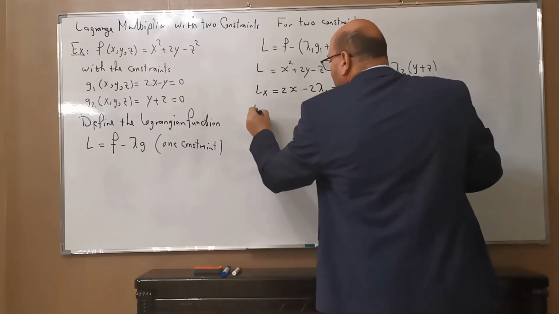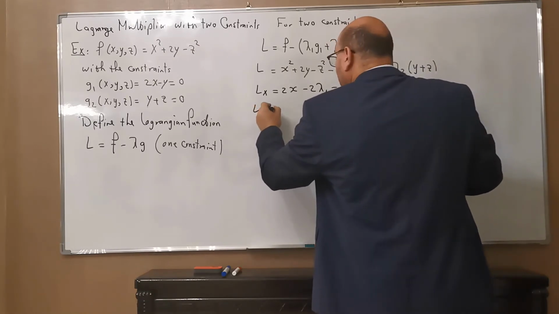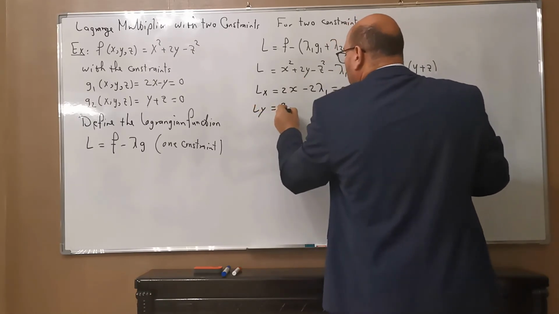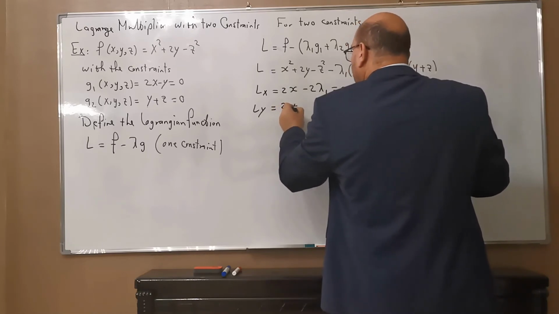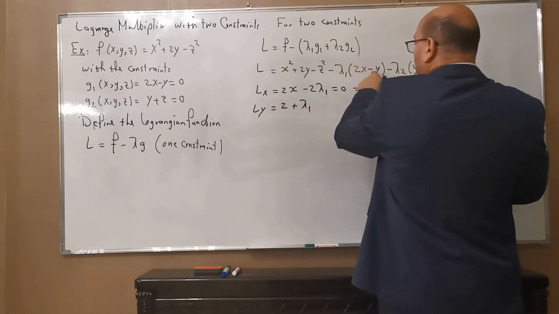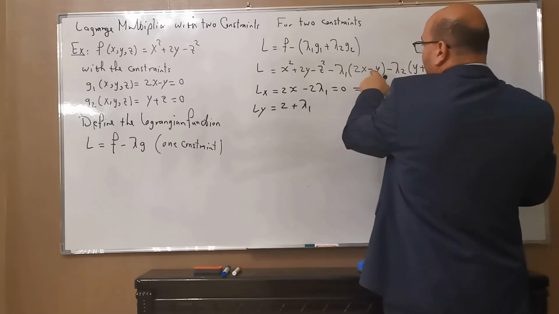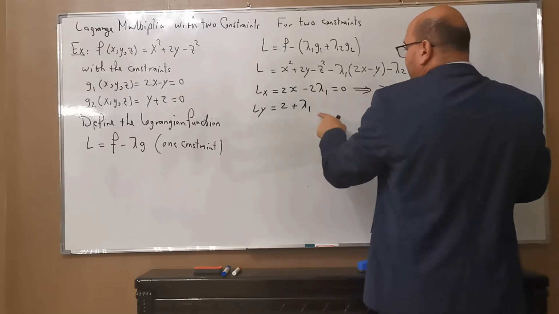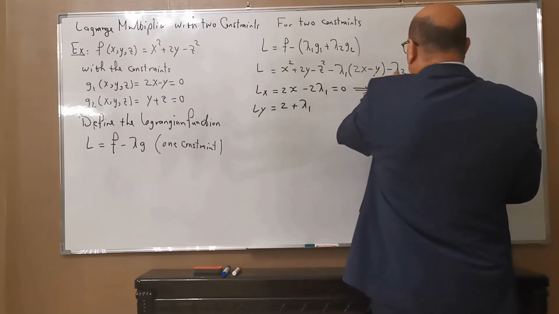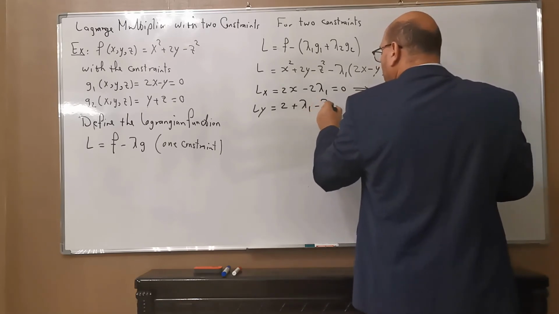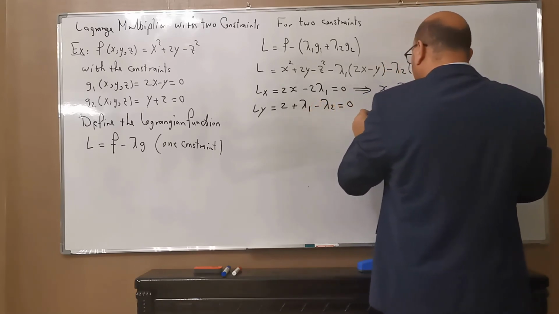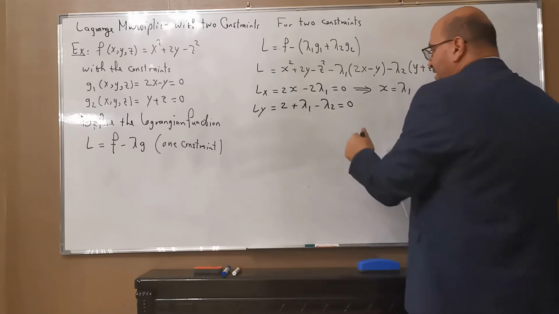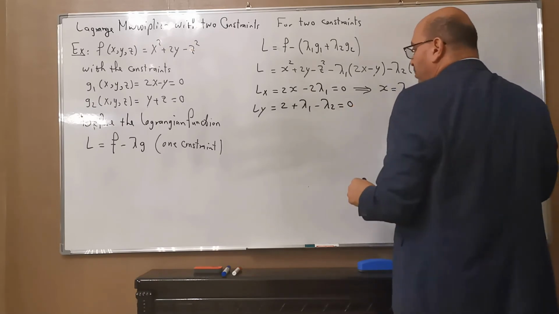The second equation is Ly, which is equal to 2 plus lambda 1 times minus 1 times minus lambda 1, so this lambda 1, and you have here minus lambda 2 equals 0. And I will keep this one until the end. I'm going to use this one to solve the problem.